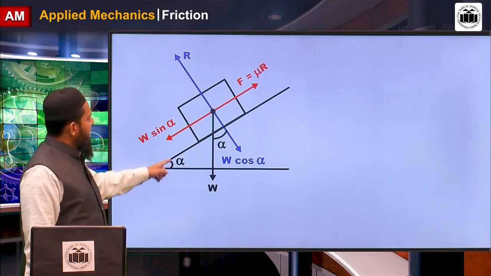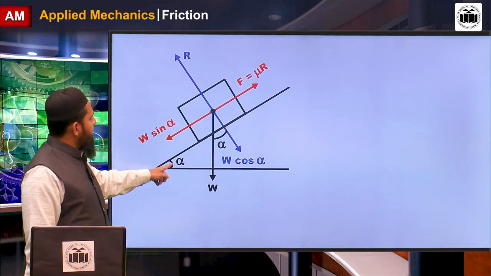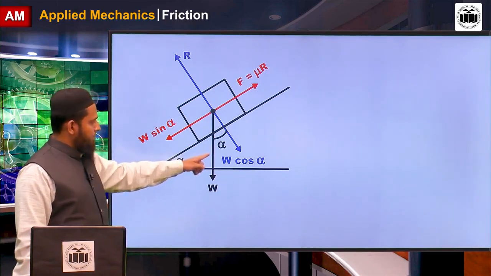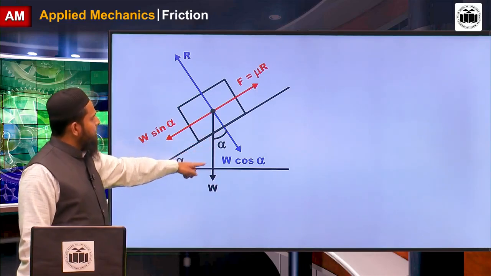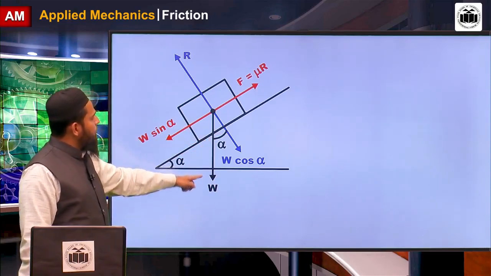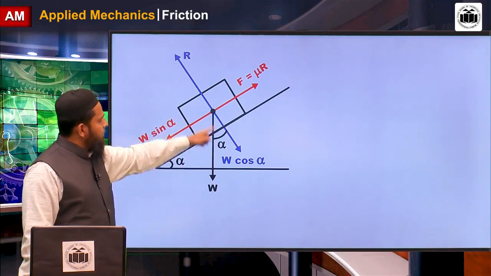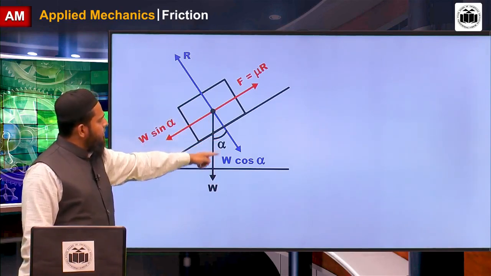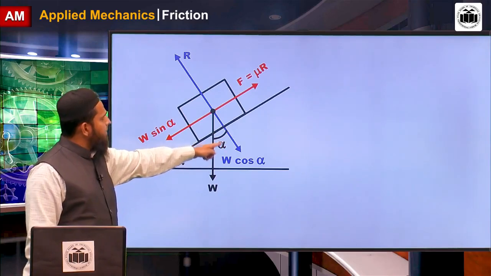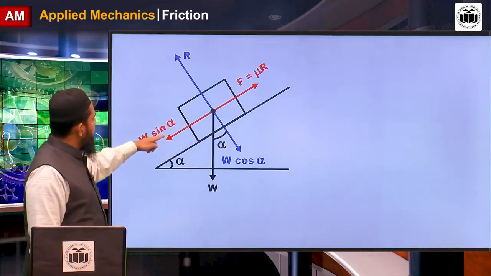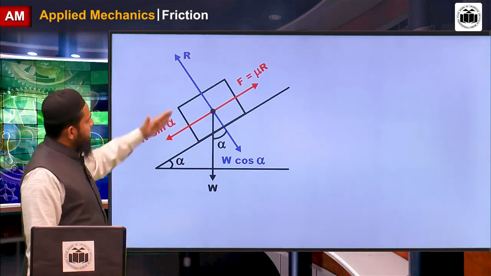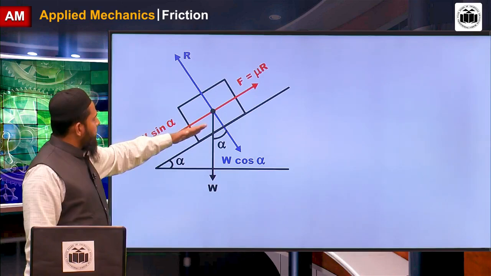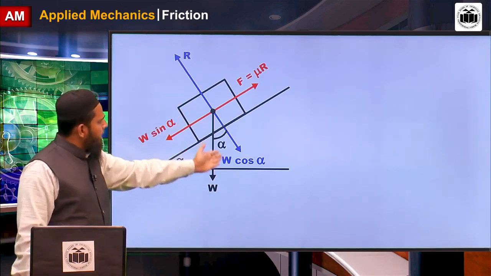This angle of inclination is now the angle of repose. By trigonometry, this is also the angle of repose. Resolve this W in two components: one component is W cos alpha, which is adjacent to alpha, and another component is W sin alpha. Please remember, you have to resolve along and across the inclined plane.